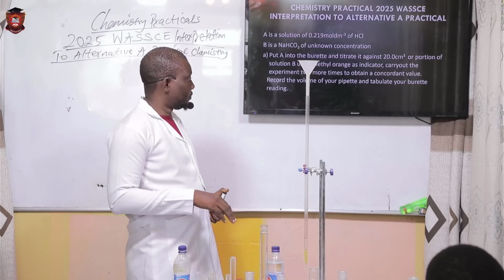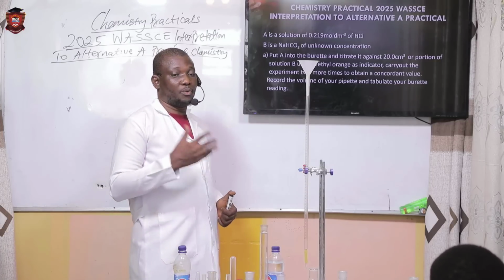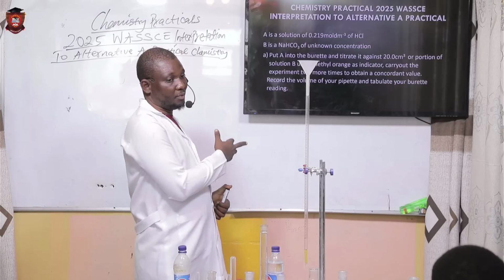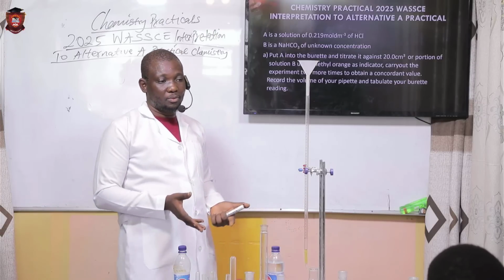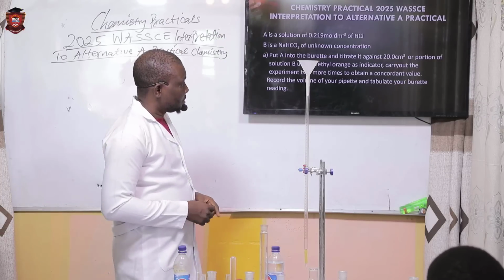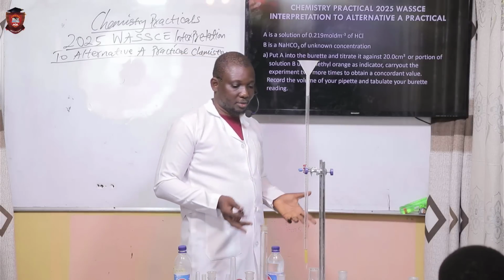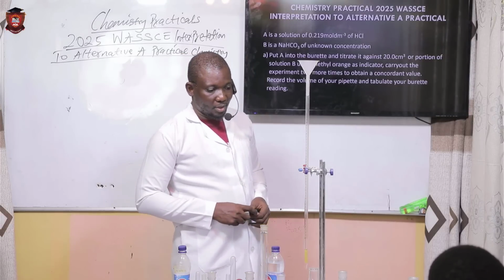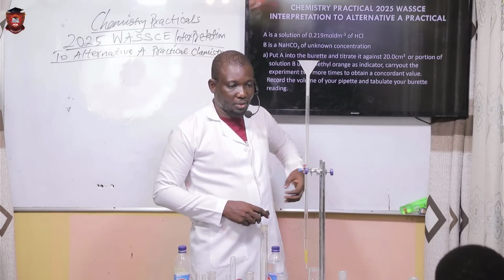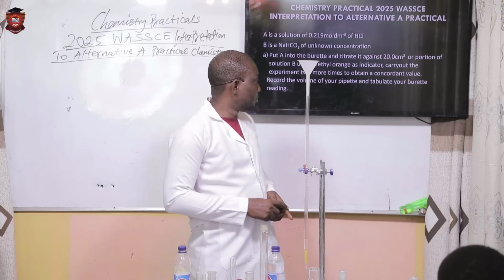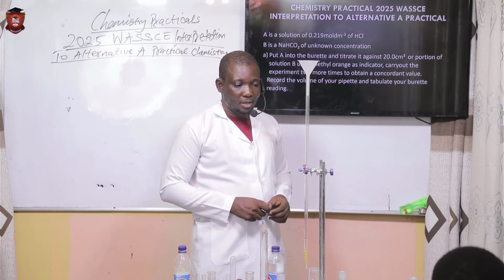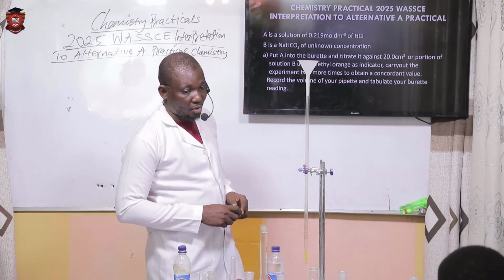The success of question B, that's the second part of this titration, depends on question A. So if the experiment is not properly carried out and there are errors in your readings or titration, that will definitely affect your B part and the result will not come out very well. But what we're going to do in this video is to tackle all problems, the do's and don'ts that you are expected to do as far as number 1 is concerned.